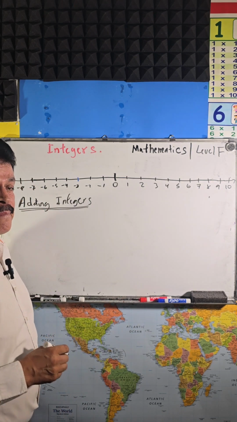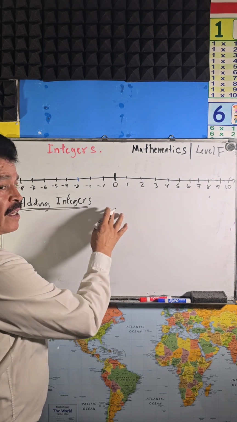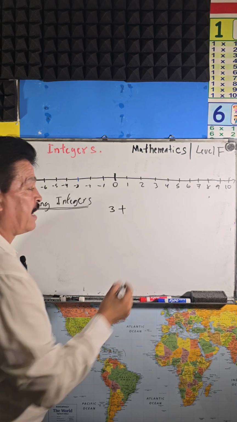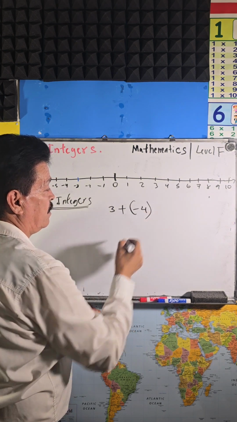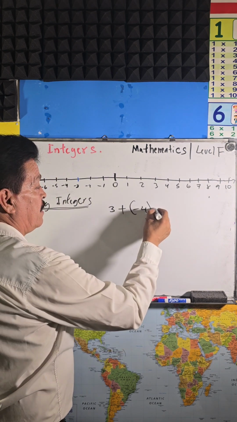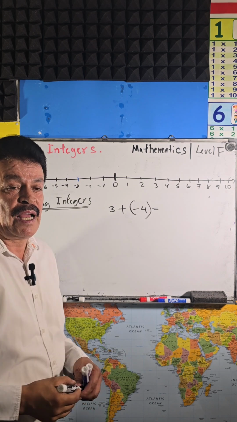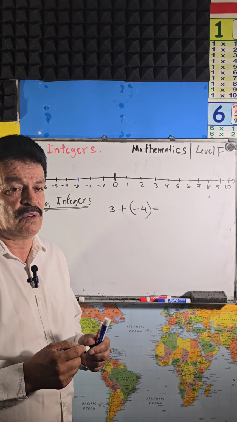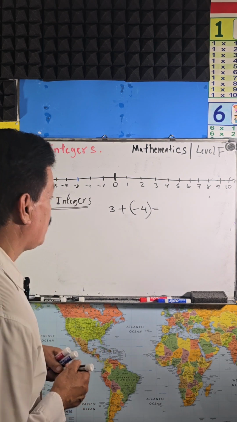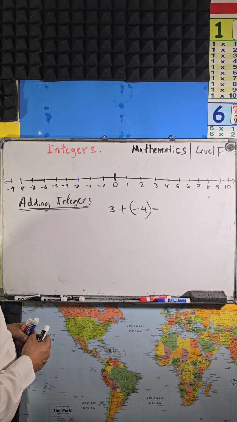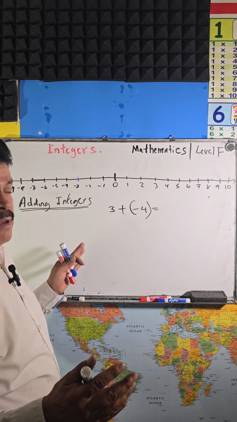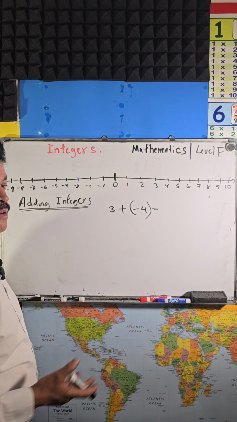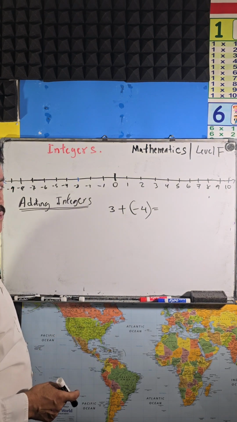Let me write 3 plus negative 4. We have to remember some kind of rule when we're subtracting, but right now we don't need it. So it's easy.